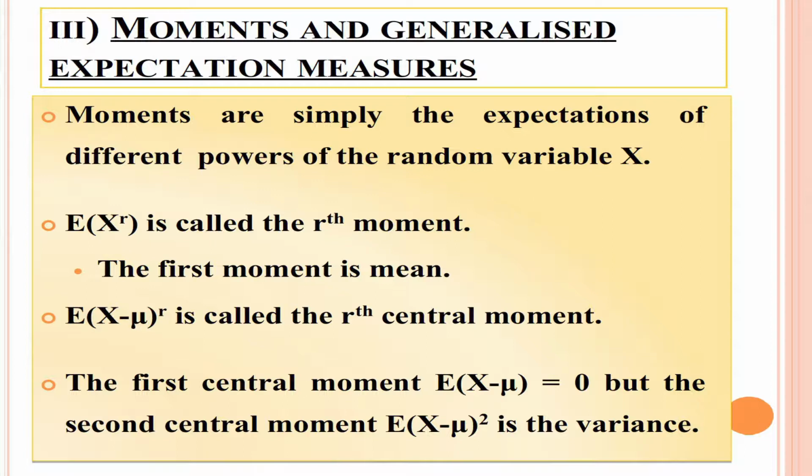Expectation of (x minus mu) to the power r is called the rth central moment. The first central moment, expectation of x minus mu, is 0, but the second central moment, expectation of (x minus mu) squared, is the variance.